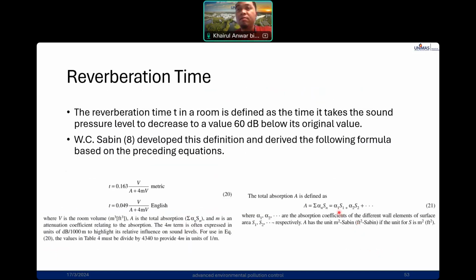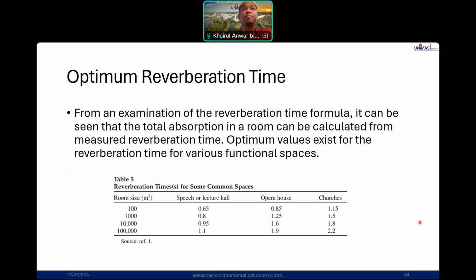If the design has different wall elements, then we have several types of alpha n S n. So A has the unit of square meter Sabin, with the unit depending on the unit of S, the square meter.